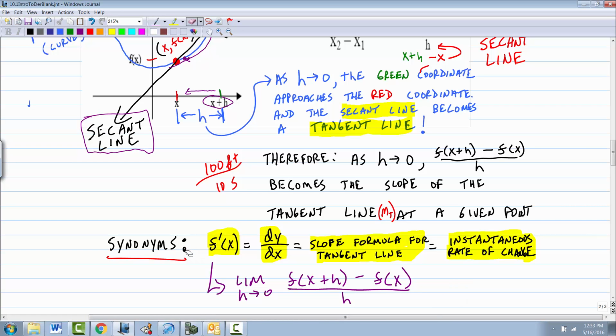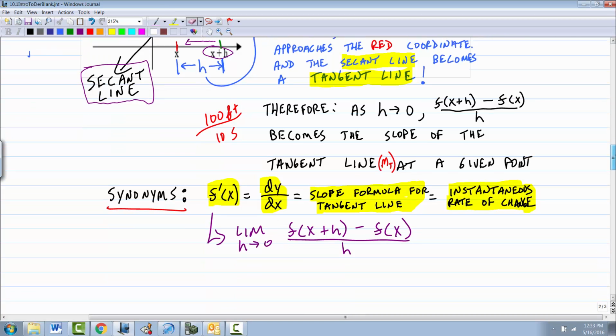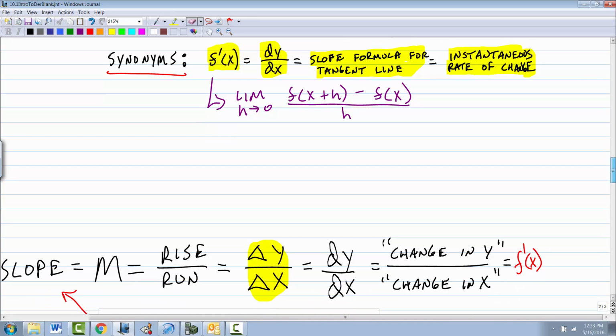Let's get these synonyms down. This is what it's going to look like, and I'm going to have another one of these. So this is kind of redundancies. You're going to see this notation, or you're going to see this notation, which means the instantaneous difference in y compared to the instantaneous difference in x, dy dx.